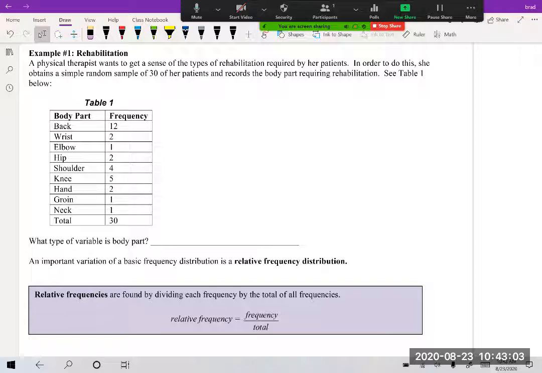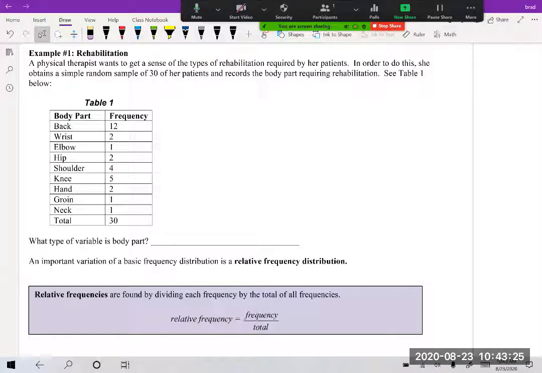So this person took a simple random sample of her patients, and she found that 12 had back pain, 2 wrist, 1 elbow, 2 hip, 4 shoulder, and so on. And she had a total of 30 people in her simple random sample.